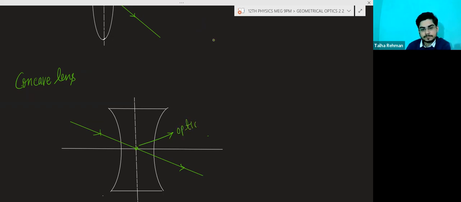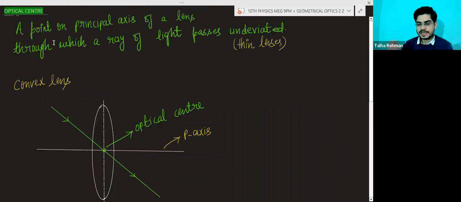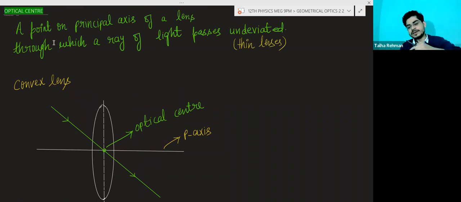This is the principal axis. Remember one more point: it is not necessary that this optical center will also be the geometrical center of the lens. That will depend upon the radii of curvature of both the surfaces. So you have to remember, the optical center is a point such that a light ray passing through it remains undeviated. Simple.